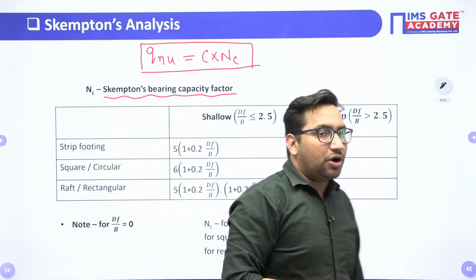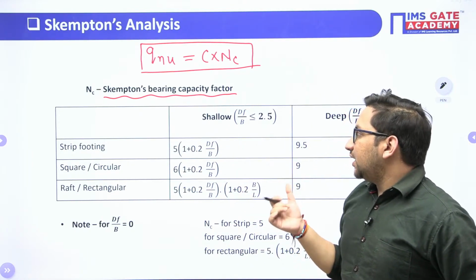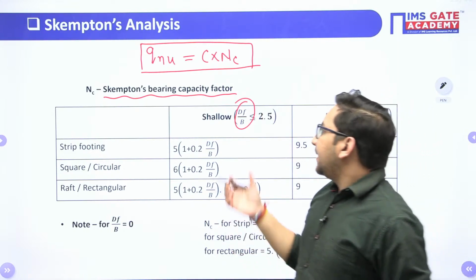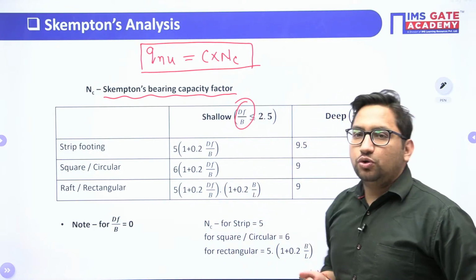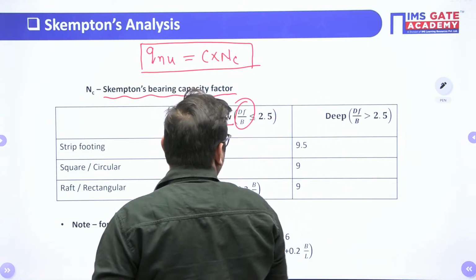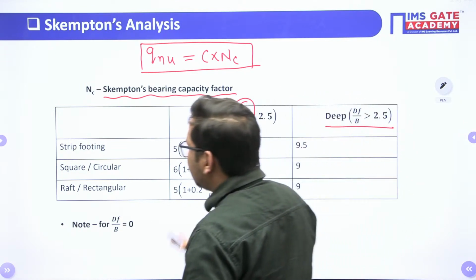Again, it depends upon the depth of the foundation, so it depends upon the DF by B ratio. If DF by B is less than or equal to 2.5, then according to Skempton this is a shallow foundation. If DF by B is greater than 2.5, this is a deep foundation.